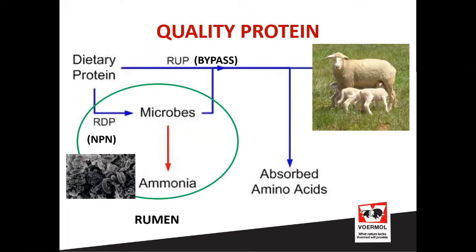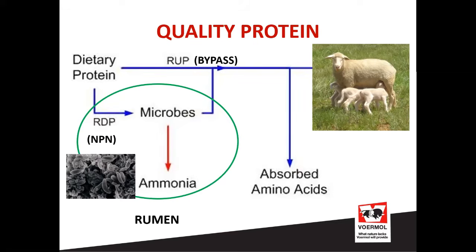But just on the topic of quality, I'm just mentioning one nutrient here, and that's protein. I've got a nice visual description here of what is quality protein. So usually protein consists of two parts. You've got your soluble protein or your rumen degradable protein. That would be the line that goes down to the bottom and enters the green circle.